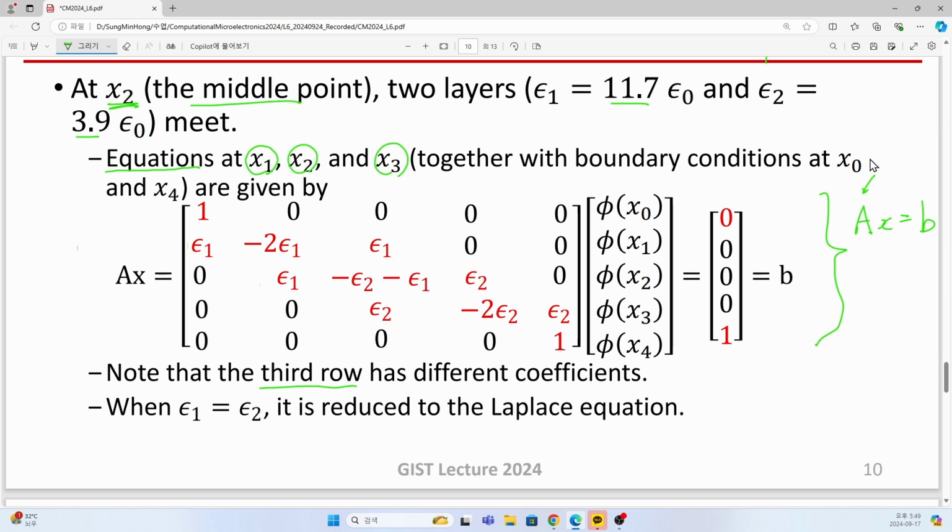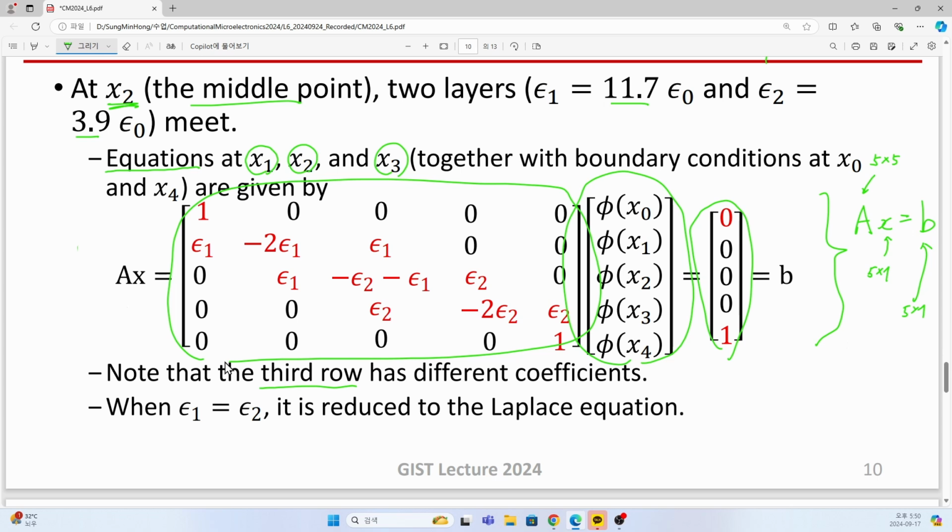Here A is a 5 by 5 matrix or square matrix, and here x is a 5 times 1 vector, and also b is a 5 times 1 vector. What is b? This is b. What is x? Our unknown vector corresponds to x. And what is A? This 5 by 5 matrix corresponds to A.